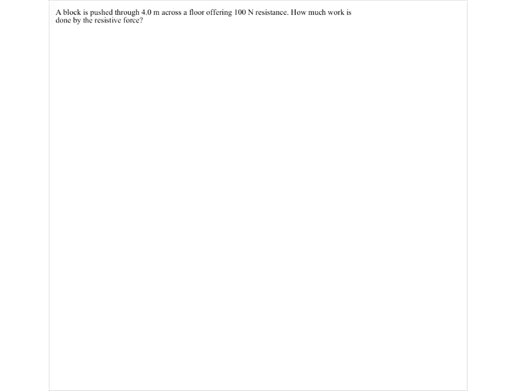Well, work has no direction, so the answer should be minus 400 joules. When you have force and displacement in opposite directions, then when vectors are anti-parallel, theta is 180 degrees. And that will get you the minus sign. Any questions? Let me know.